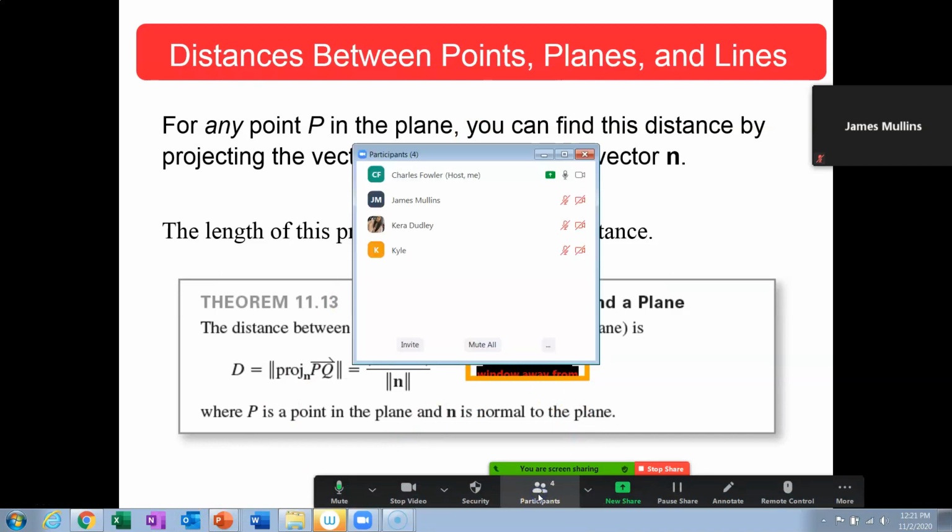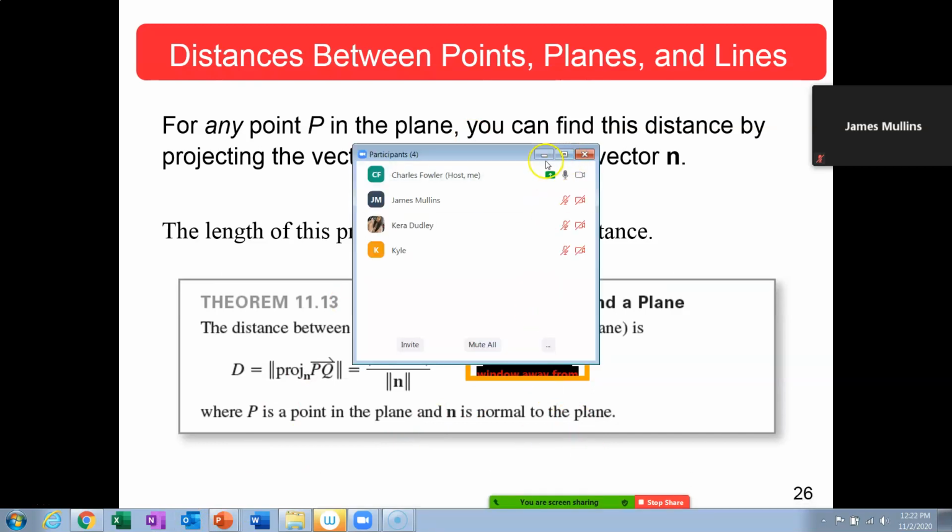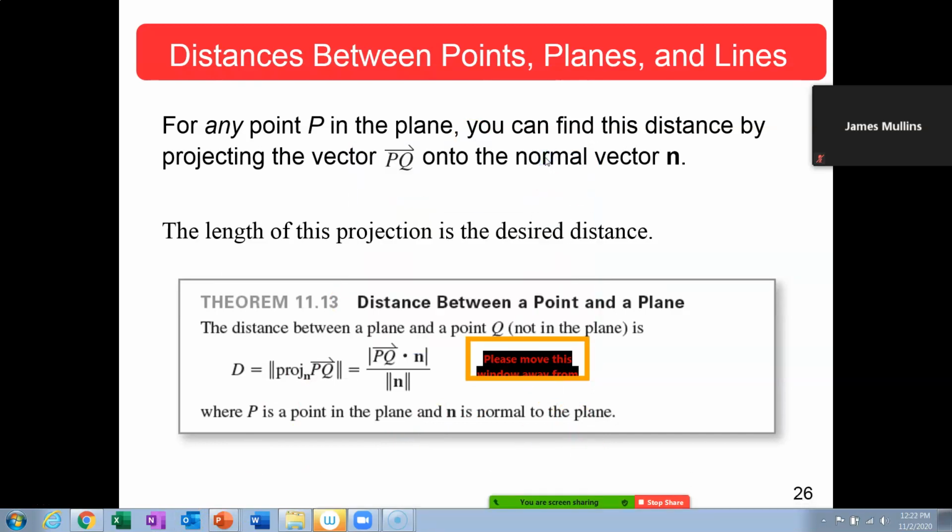Nope, just the 3 of you. That's all I see so far. Okay, and for some reason only one name is showing up on the screen at a time. Earlier this morning when I had my first class, all the names showed up, so I don't know why Zoom does what it does.